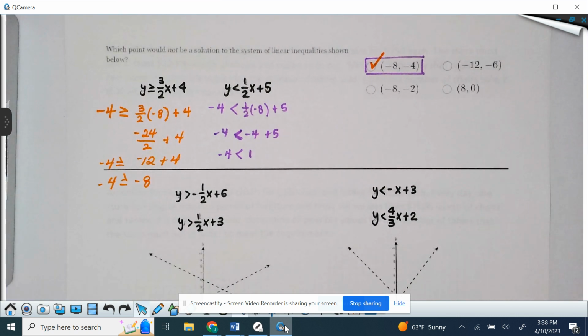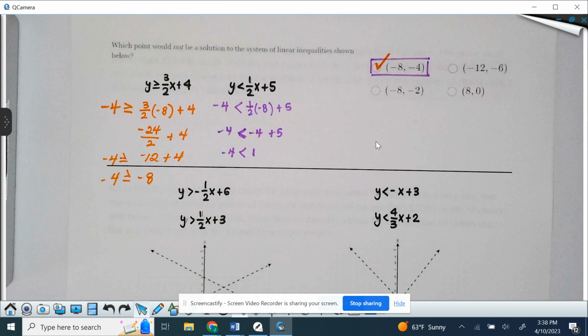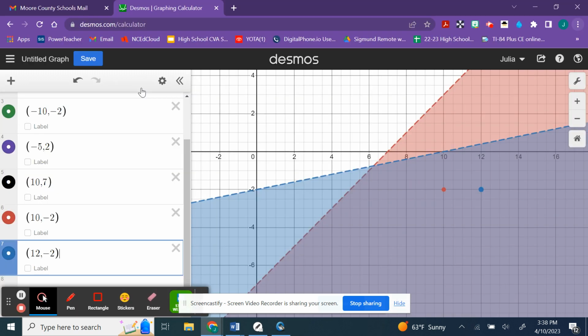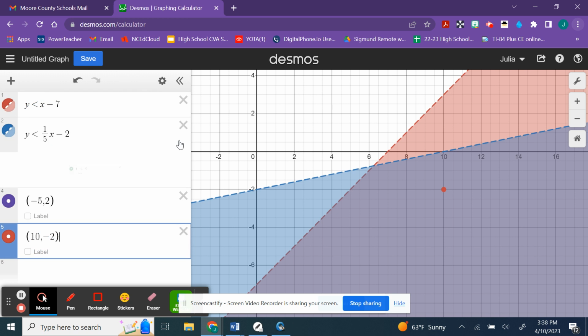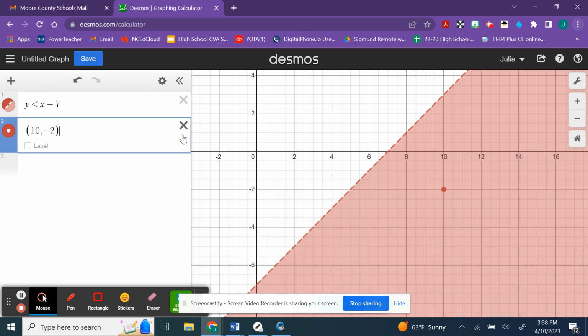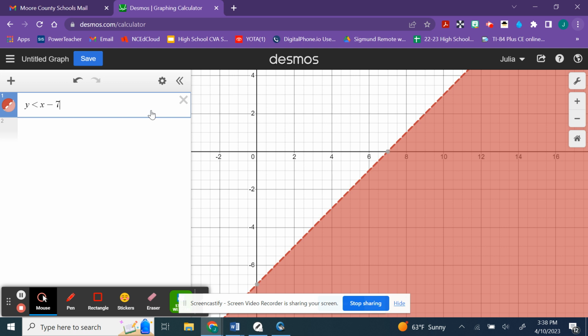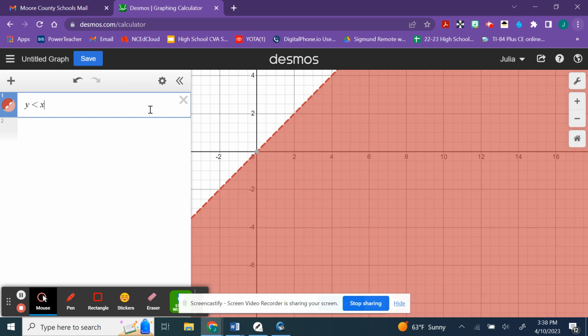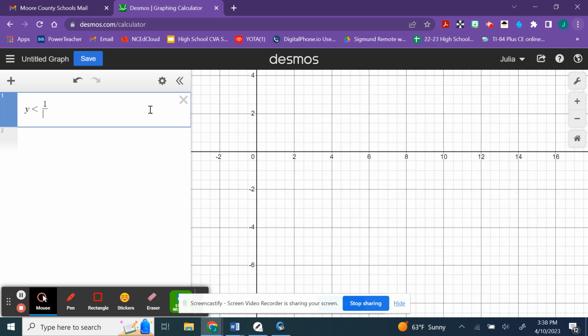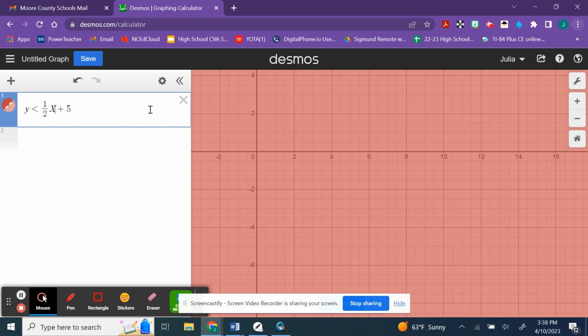Again, we can go plug these into Desmos and double check, and then I'll plug in these points, and we can look at those and see how they add into it. So let's get rid of all these. So y is less than, the second equation was 1/2 x plus 5. Whoops, that's not the right x.